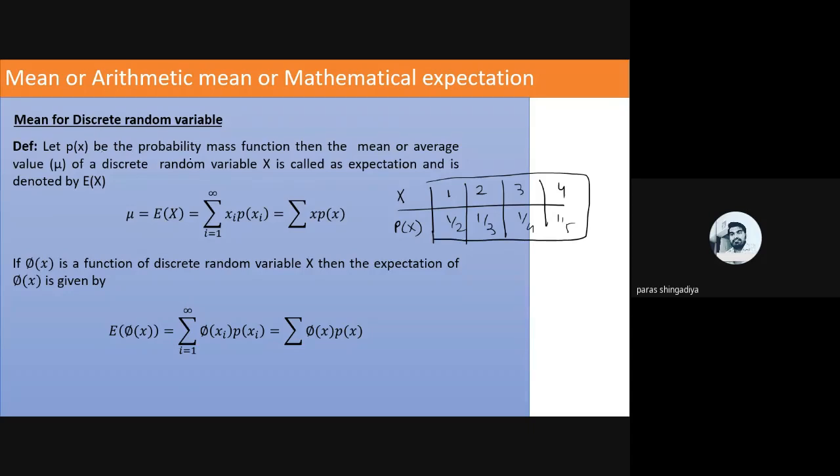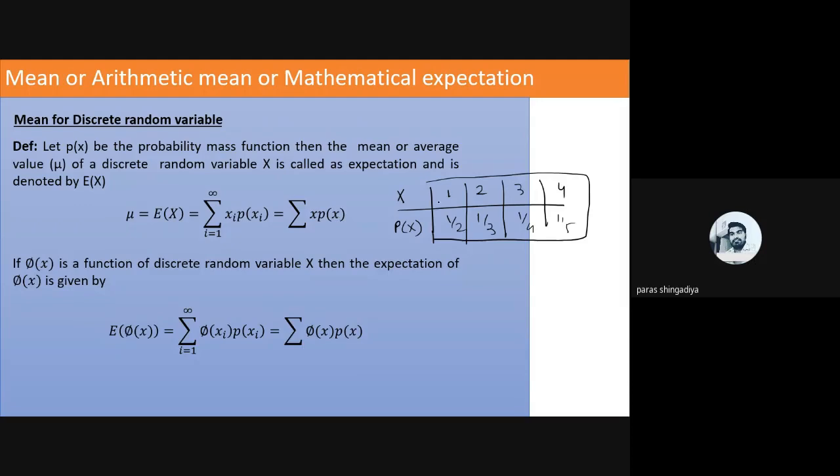Given p(x), the probability mass function, the mean or average, denoted by mu, of a discrete random variable x is called the expectation, or expected value. The mean of the data is called the expected value of the given data. So mu of the random variable x is called the expectation, and it is denoted by E(x). So mean is equal to E(x), which is the summation over i from 1 to infinity of xi into p(xi), simply written as sigma x into p(x).